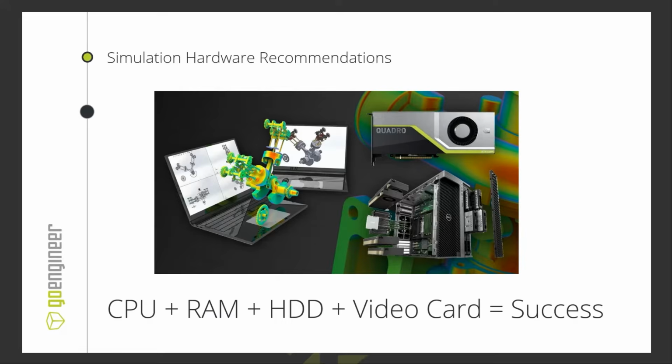And honestly, everyone's use case can be so different in our industries. We're all designing very different products. So we want to go through with you how we come to a determination for hardware suggestions. This is what we do here at GoEngineer. This method is broken down into 4 main categories. So I'll let you take it away, Bill.